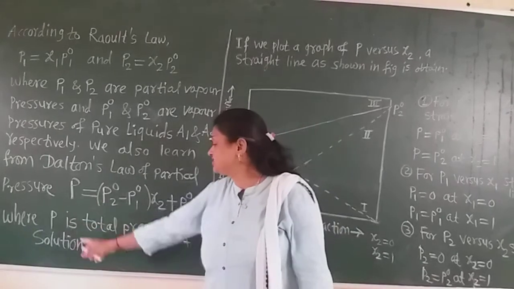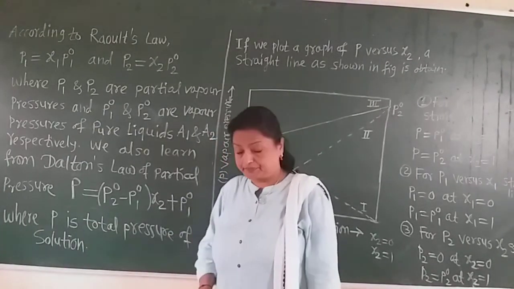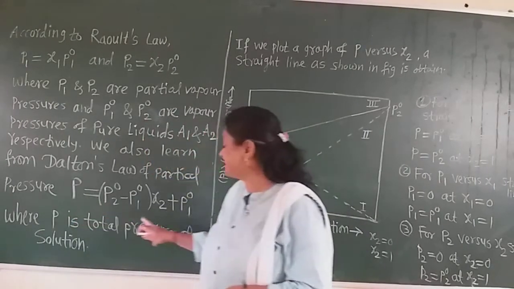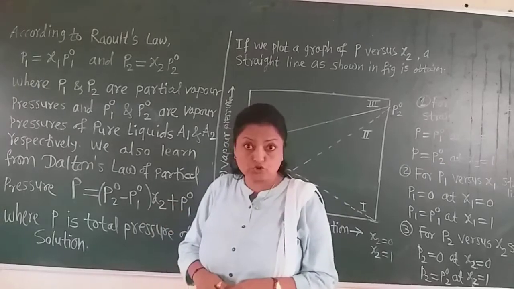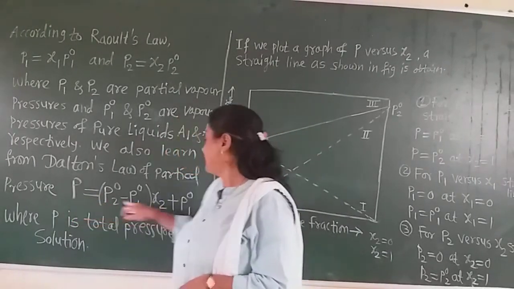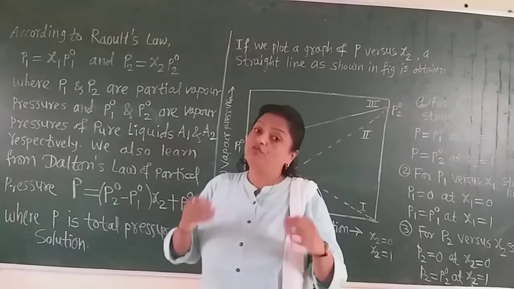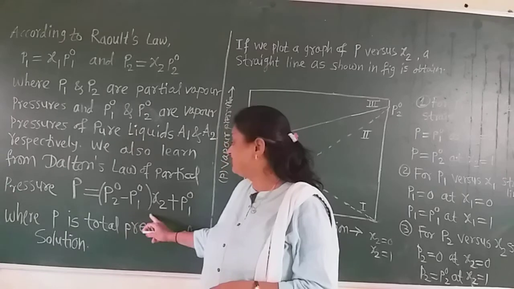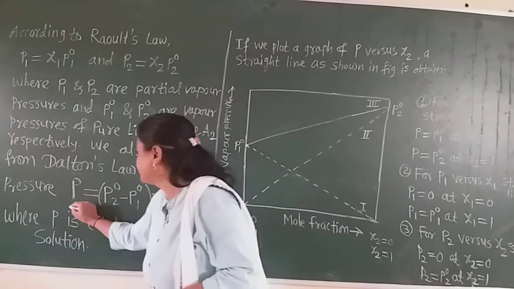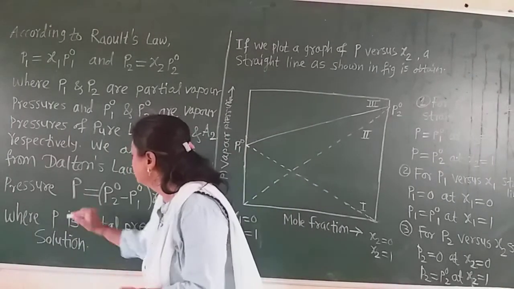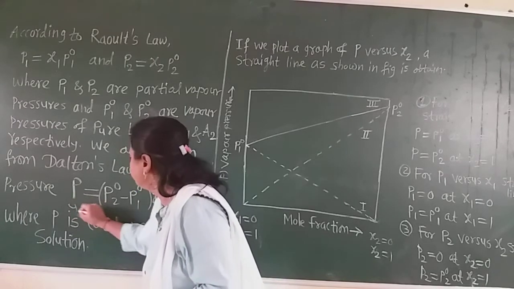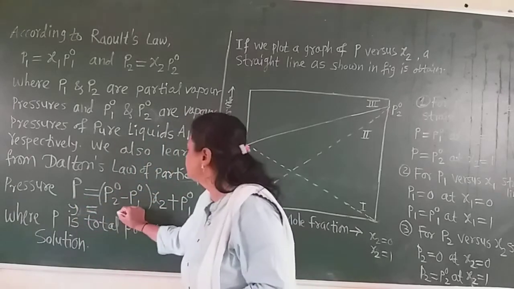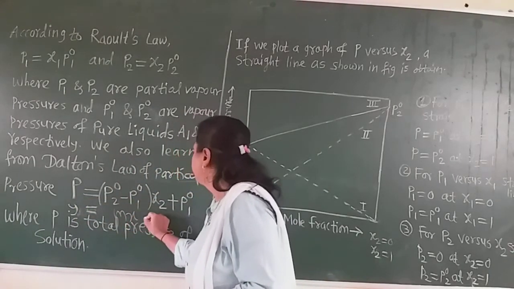Here P is the total pressure of the solution. If we plot a graph of this total pressure P versus the mole fraction x2 of the solute, we obtain a straight line. Why? Because this equation is like the equation of a straight line, y is equal to mx plus c.